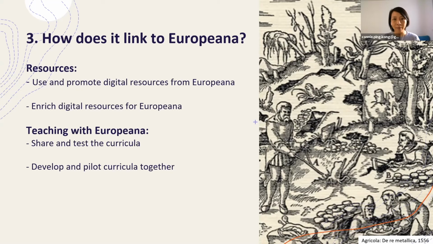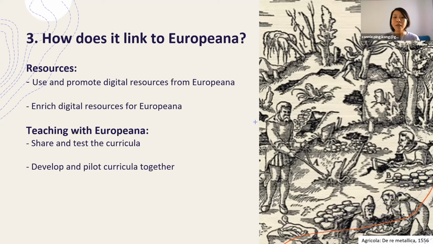The first one is the resources, because Europeana has Europeana collections. You have a vast store of cultural heritage materials, especially digitalized materials. So we will certainly be able to use this material in our content design and promote it when we are collaborating with different schools and school teachers.